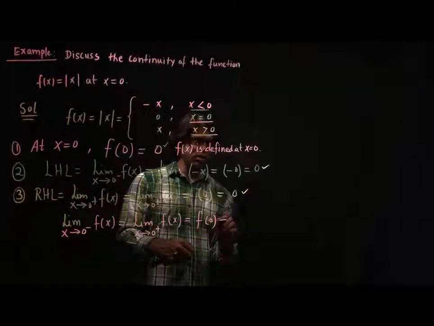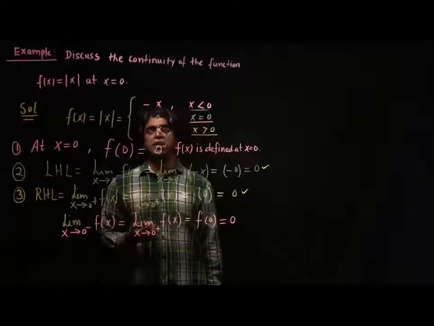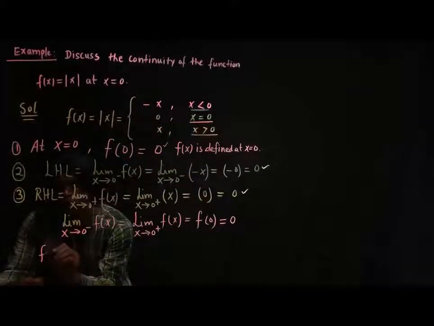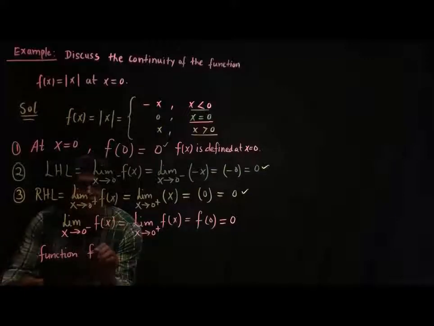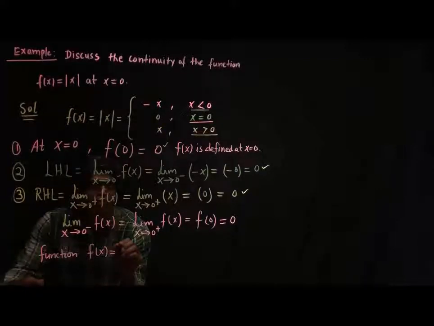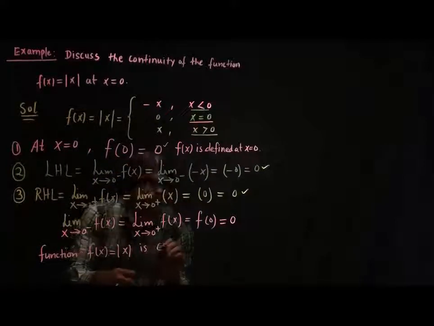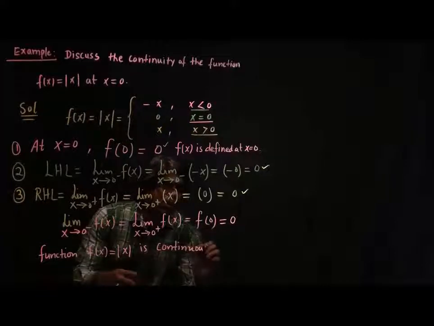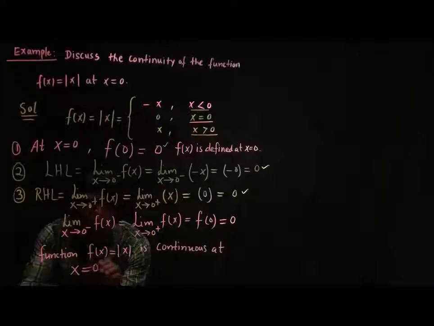And what is the value of the function? The value of the function is 0. So we can say that the function f(x) equal to the absolute value of x is continuous at x equal to 0.